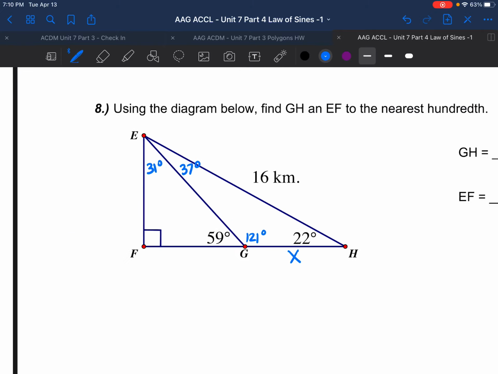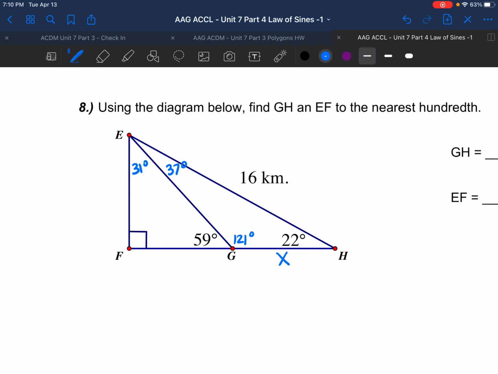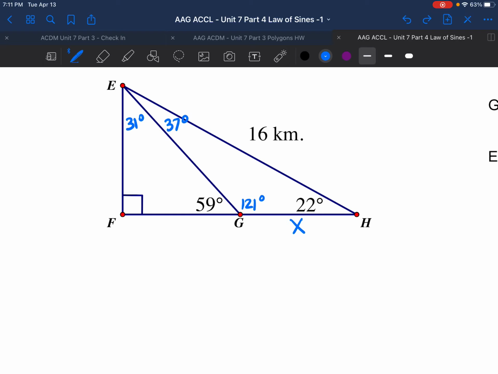Let's see what happens here. So the first example is actually going to be very quick, I think. We can use triangle EGH and the Law of Sines just to find X right away. All right, so here we go. Like I said, I'm going to use the blue ink for this one. So let's start our Law of Sines equation.